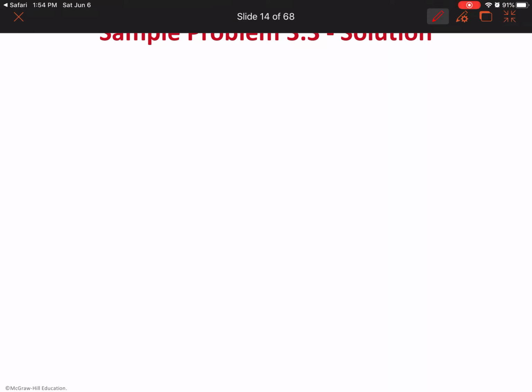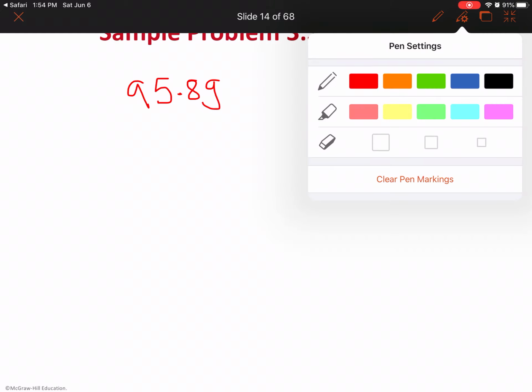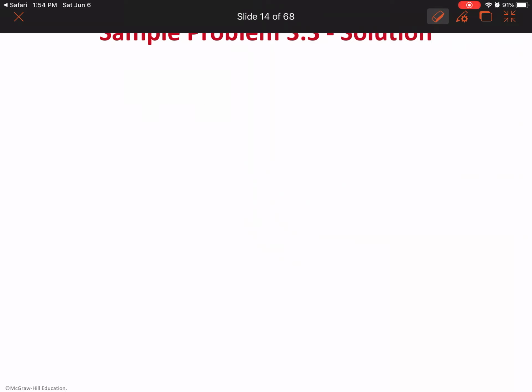95.8 grams iron. How do we convert grams to moles?